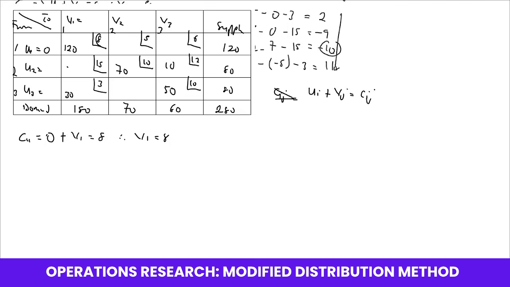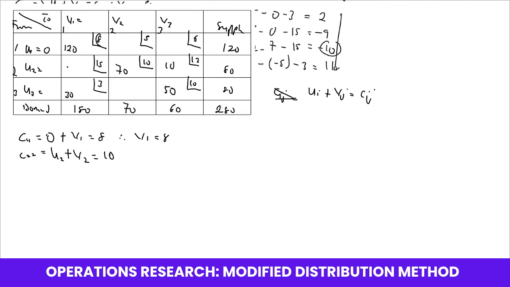So we'll move to the next allocated cell. In this row, we don't have any allocated cell again. So we'll move to the next one here. That's C22. We have U2 plus V2 to be equal to 10. But you can see that you don't know the value for U2 and you don't know the value for V2 as well.